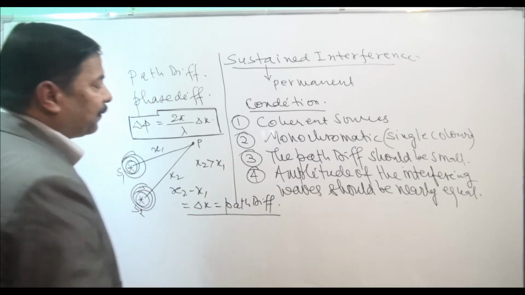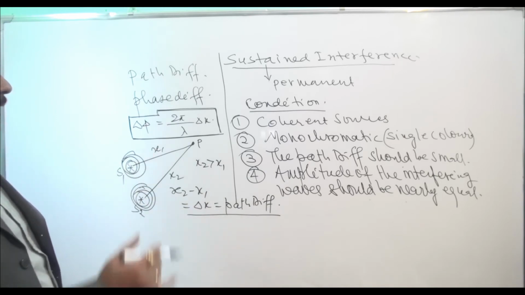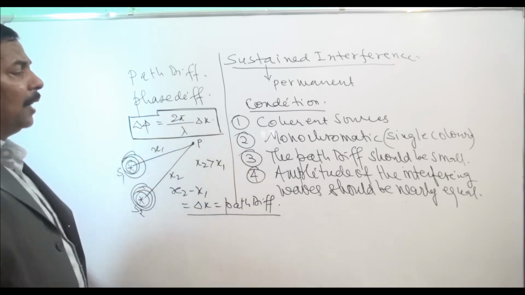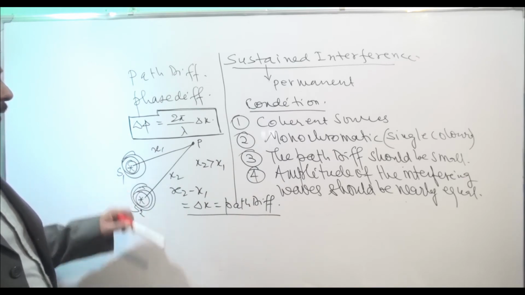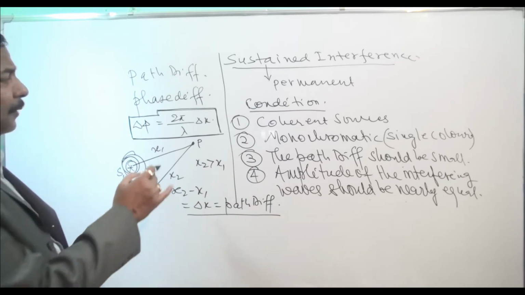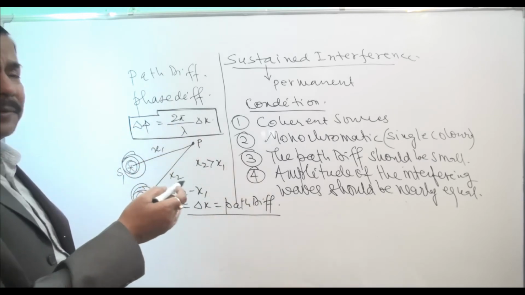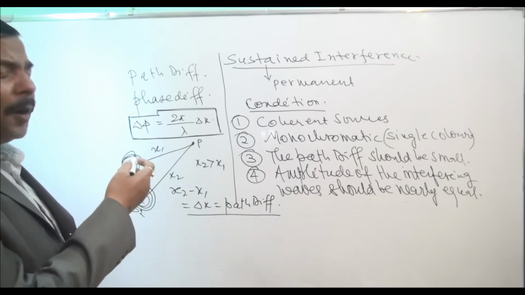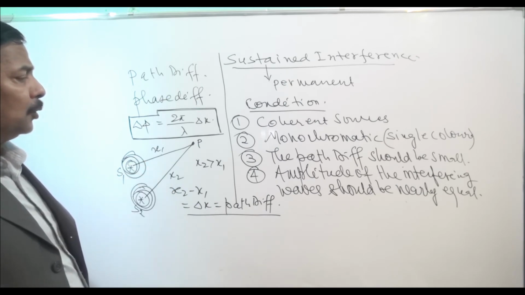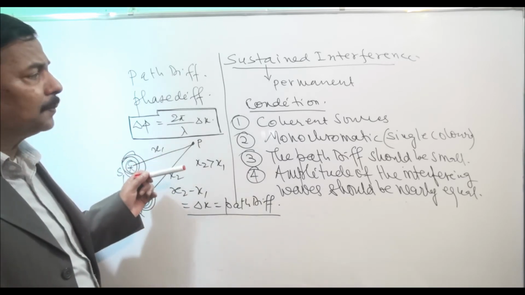So path difference and phase difference are related by this relation: del phi is equal to 2 pi by lambda into del x. This path difference gives rise to phase difference, and we will see how the intensity depends upon this phase difference. So you should understand very carefully what is phase difference and what is path difference.